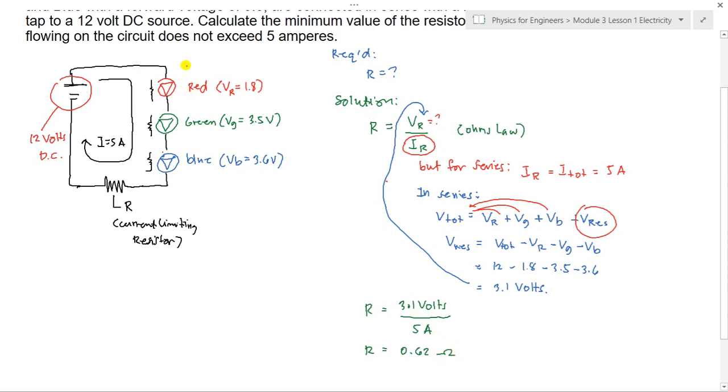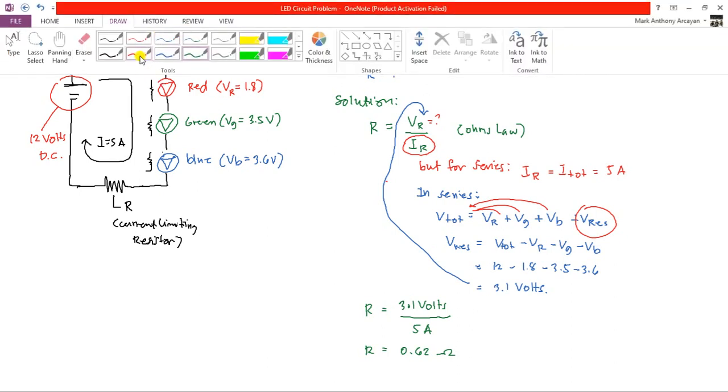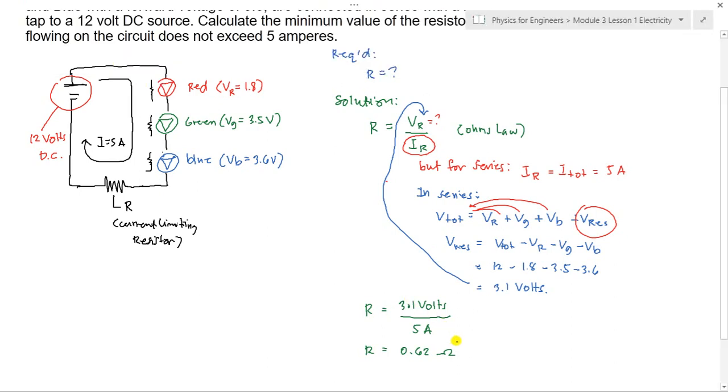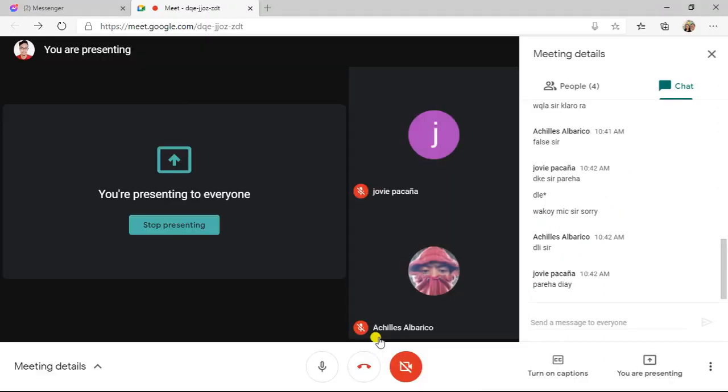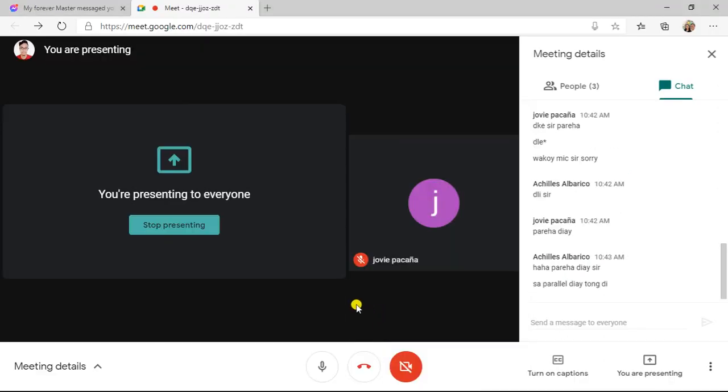Now if you go lower than that, what happens, class? If we use less than 0.62 ohms, what would be the possible effect? Let's say we use 0.5 ohms, what would happen to our circuit?